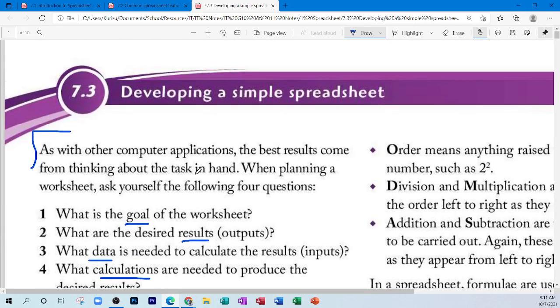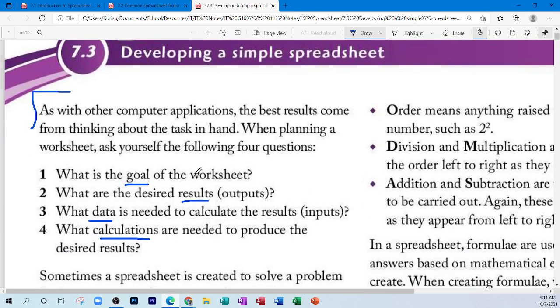Great. Have any of you ever used spreadsheets to do any assignment or to do any work? No, sir. Yes, sir. I heard a yes. I did use Excel last time for a PE assignment.